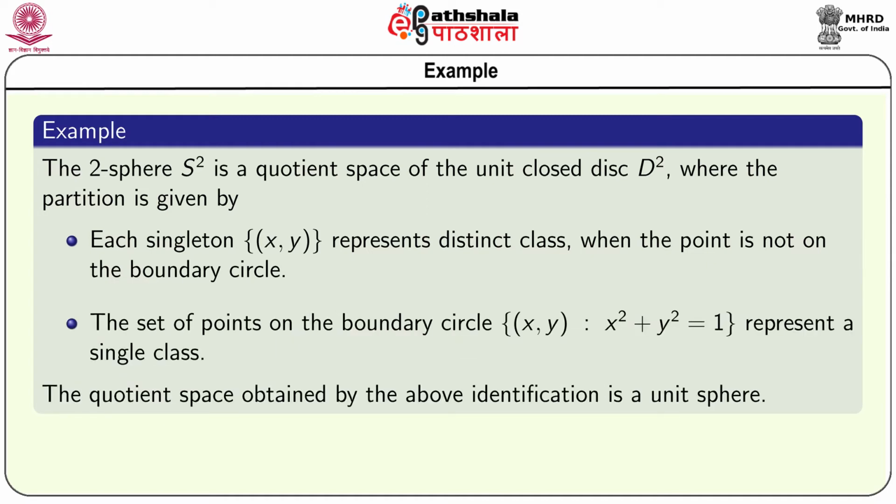And secondly, we take the set of points on the boundary circle, which represent a single class. The quotient space obtained by the above identification is a unit sphere.